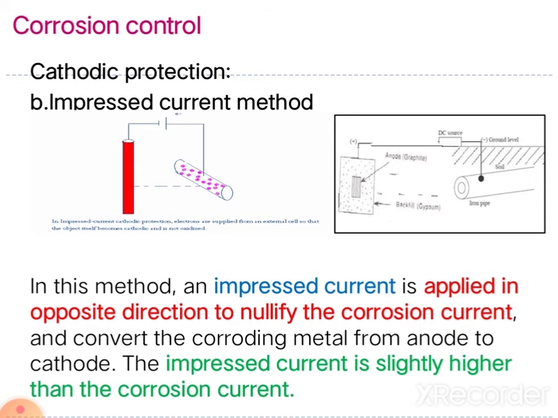In this method, impressed current is applied in the opposite direction to nullify the corrosion current. Hence, the impressed current is slightly higher than the corrosion current.